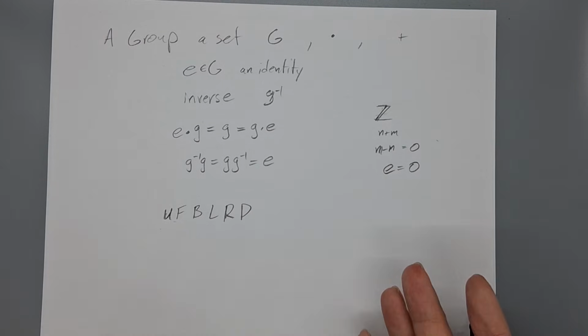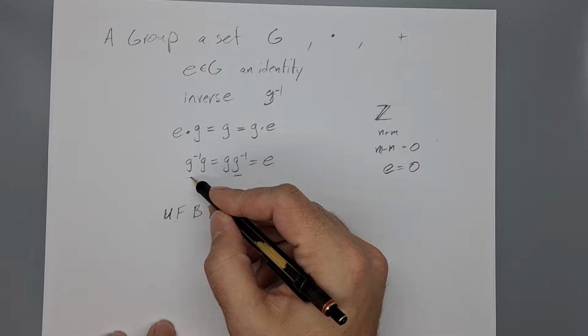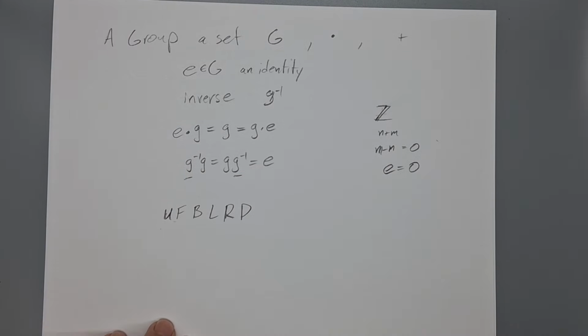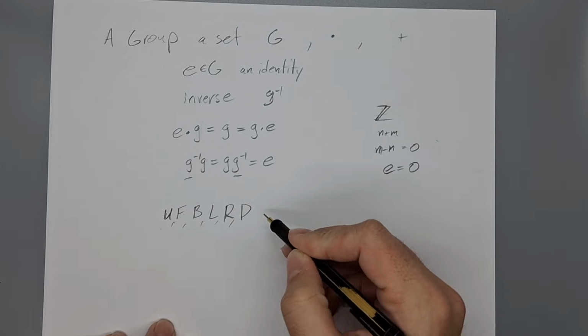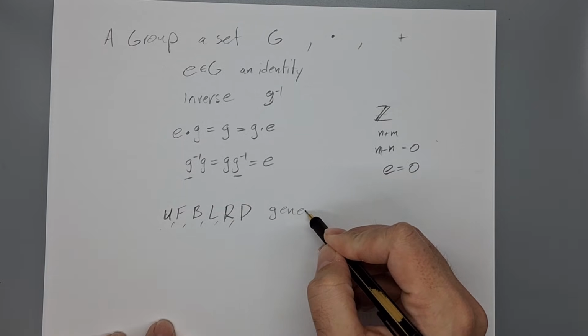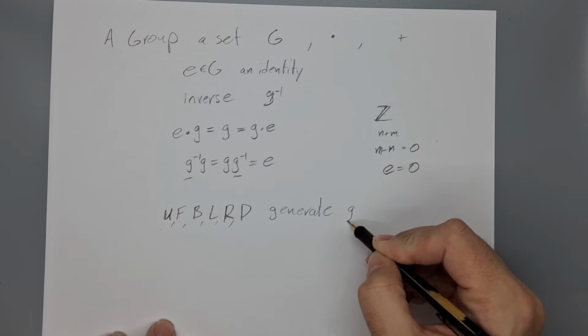And the fact that you can do them counterclockwise or clockwise, those are different inverses of those standard moves. And these moves end up generating the group for the puzzle.